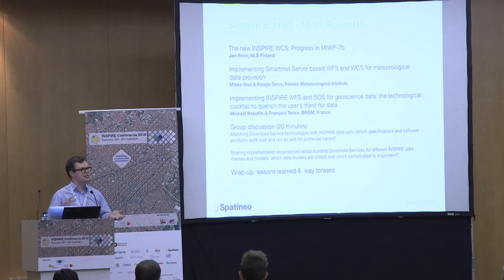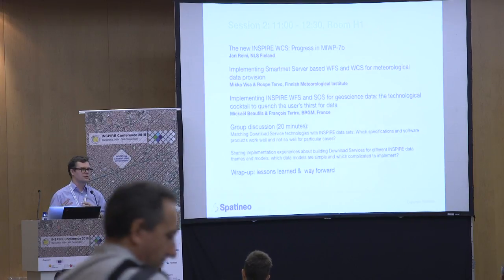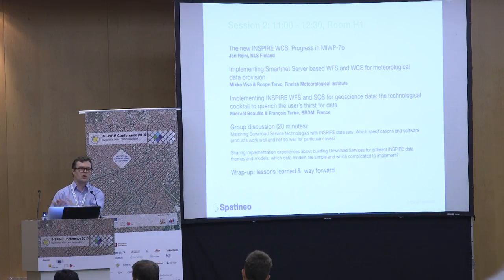So is it easy to map certain data models into SOS or web feature service or web coverage service? Or do you need actually a combination of all of these or some of these? So just to get started, I would like to welcome Jari Reini to talk about the web coverage service group.